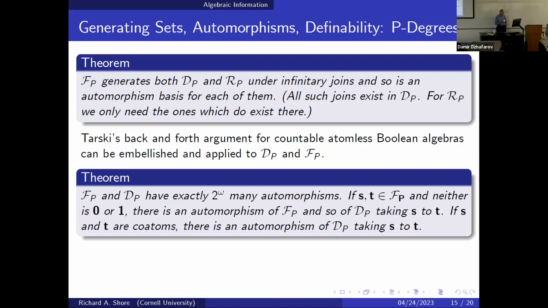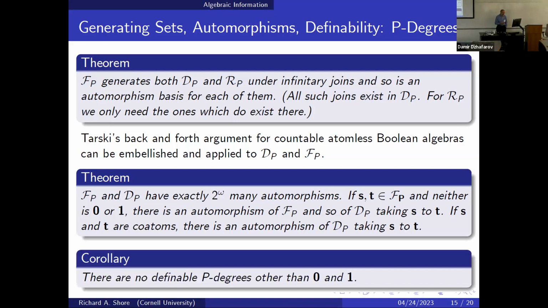But that means now you can prove a couple of other facts. If you look at two complete theories, then there's also an automorphism which takes one to the other. That requires a little proof. But the fact that you can move any finitely axiomatizable theory to any other one means that no particular degree is definable. Because look, if there are two different degrees, two different theories differ on some formula.